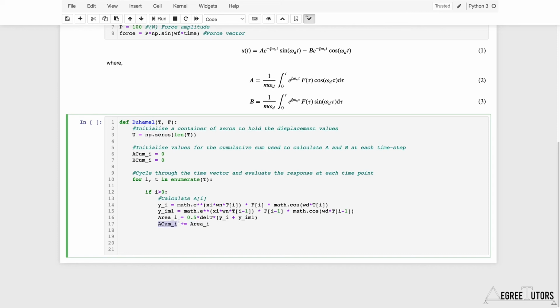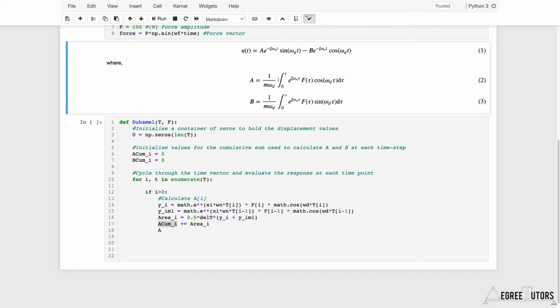Okay. So now that we've taken account of the additional area for the current iteration, we can go ahead and calculate the value of A, right? Because A_cumulative_i is essentially everything to the right of where my cursor is now. That's us evaluating the integral between 0 and t of that function.